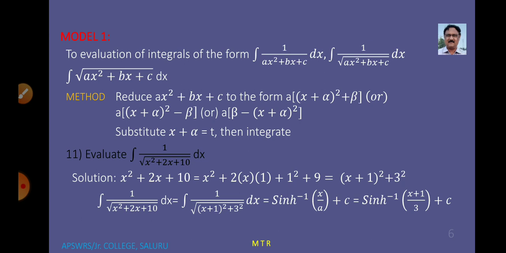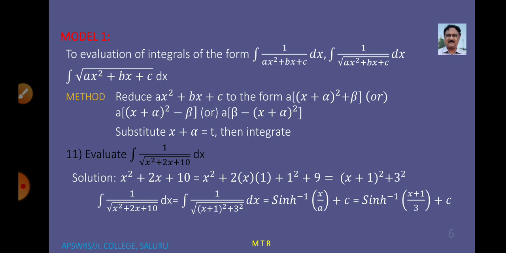So what is the model? Suppose the given integration is of the form integral 1 by ax square plus bx plus c dx, or integral 1 by square root of ax square plus bx plus c dx, or integral square root of ax square plus bx plus c dx.